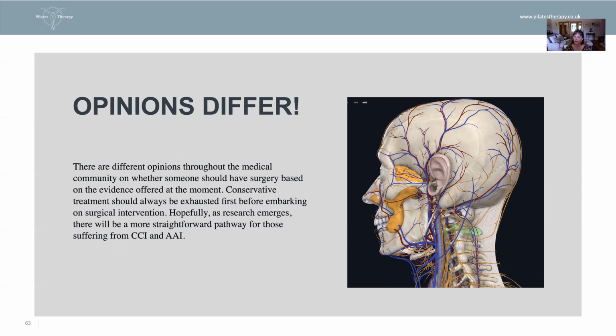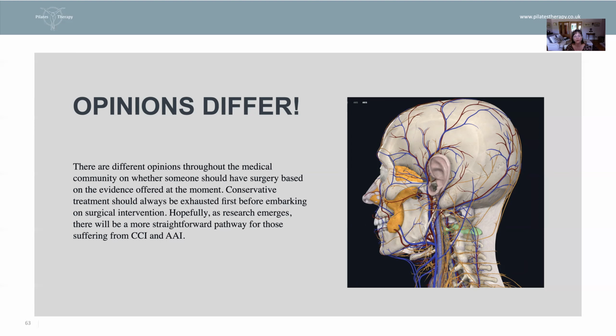There may be one person, but generally speaking, the surgeons who do more surgery in this area are coming out of America and one in Italy. Treatment should always be exhausted before embarking on surgical intervention. And the surgeons would say this as well. They do not like doing this surgery unless it's absolutely necessary.